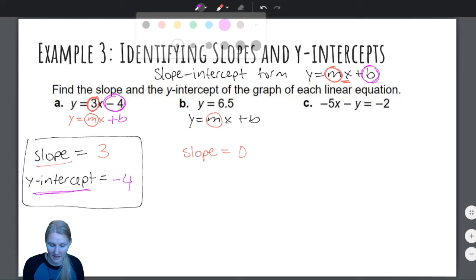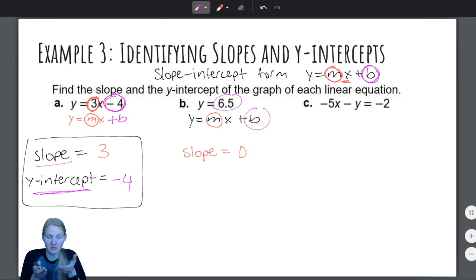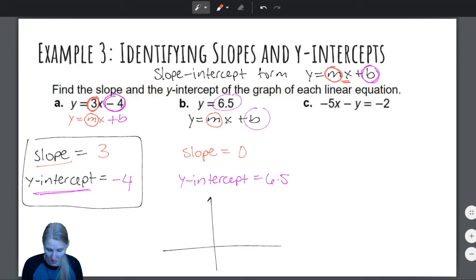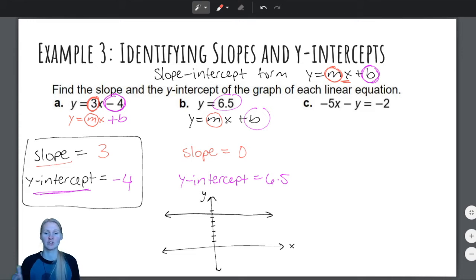And our y-intercept is whatever y is equal to. Our y-intercept is equal to 6.5. Because if we graphed y equals 6.5, we would go to the y-axis, 1, 2, 3, 4, 5, 6.5, and we would draw a horizontal line through 6.5.